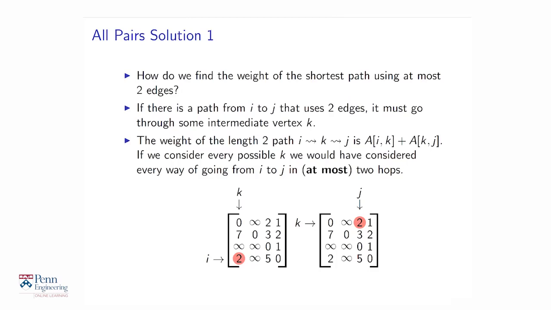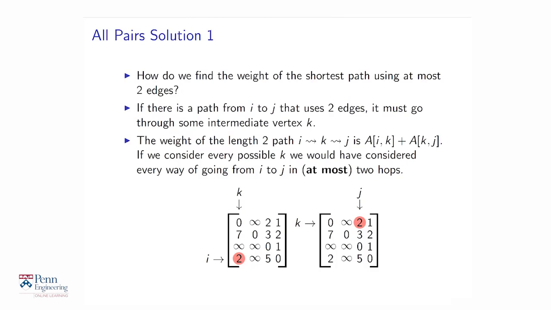One possibility is k equal to i. Then the first term will be a_ii, which is 0, and the second term will be a_ij, which is the weight of the lowest weight path of at most one hop from i to j. So this actually accounts for both paths of 2 hops and 1 hop, of length 2 and length 1.